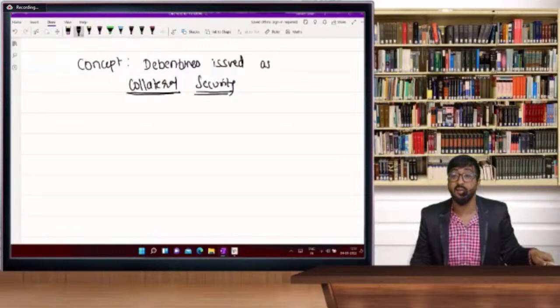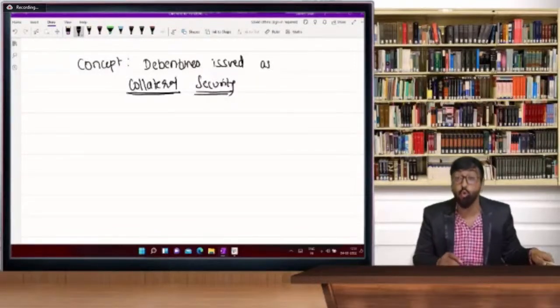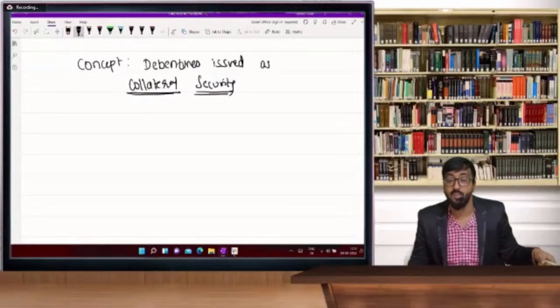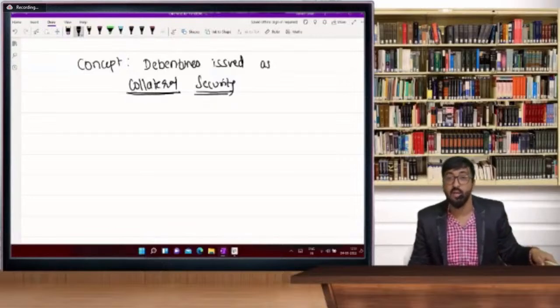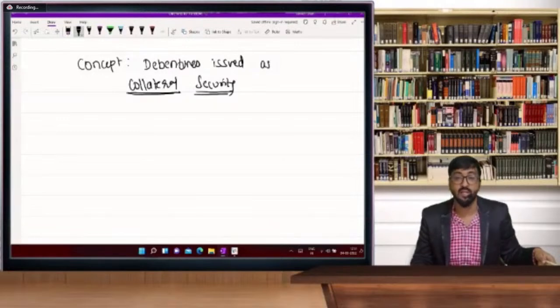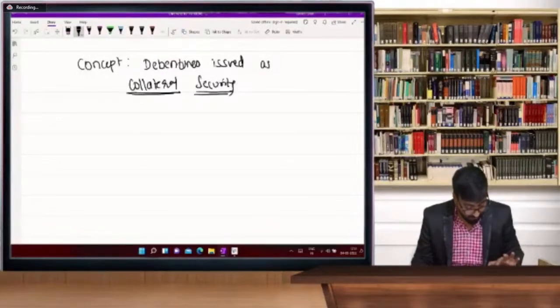So beta, gehan rakhna, kisi ko girvi rakhna, hamari security mein debentures ko girvi rakhna. In simple language, debentures ko girvi rakhna, isko hum log bolte hain collateral security. So it is like some assets which you have given as a security. For example, if you have taken some loan, in that case you are giving some asset as collateral security, as a security to that lender. So it's called collateral security. Let's see the example.